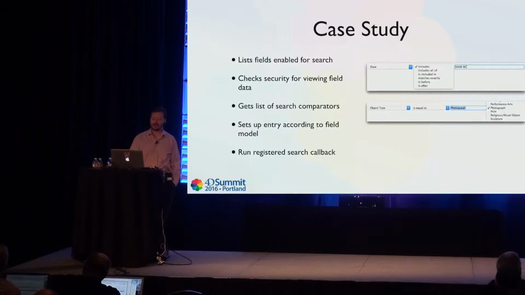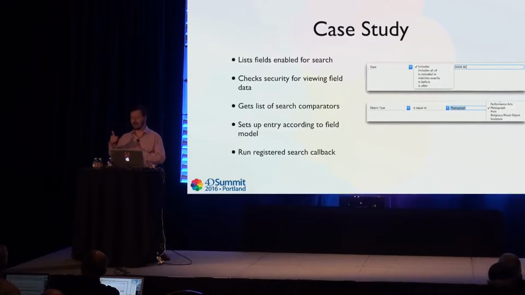This is our search area for searching a table. Some of the steps it goes through: it goes to the virtual structure and looks for a list of fields that are enabled for searching. You don't have to enable a field for searching if it doesn't make sense. It checks the security that the user can actually view that field whatsoever. It gets a list of the search comparators, so you can create search comparators with whatever logic you want to assign to them, such as keywording, includes, starts with, is before, or contains.